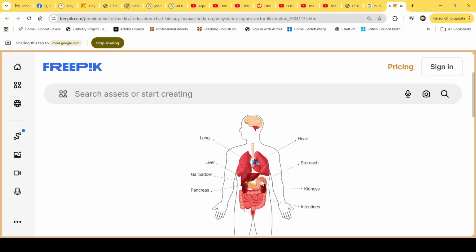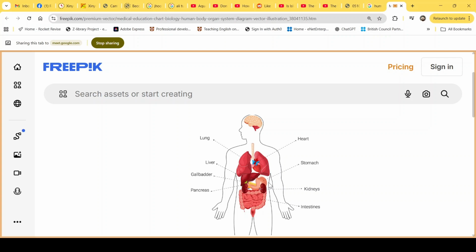Then you've got the stomach, and over here you've got the kidneys, squeezed in between, you've got the gallbladder and pancreas, and then over here the intestines. So that's the location of the kidneys. They've made it to the front so that you can see it clearly, but they're actually towards the back.